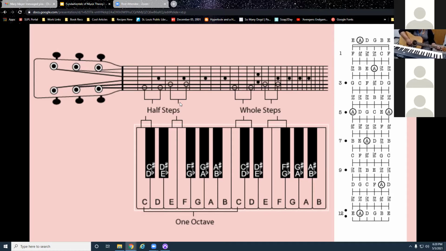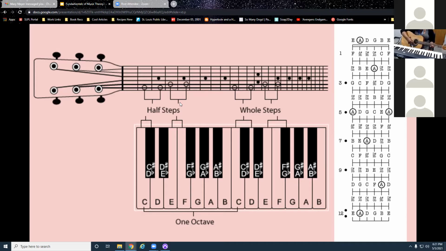So if I were to do the C major scale on the piano, C all the way back up to C. On a guitar, whole step, whole step.